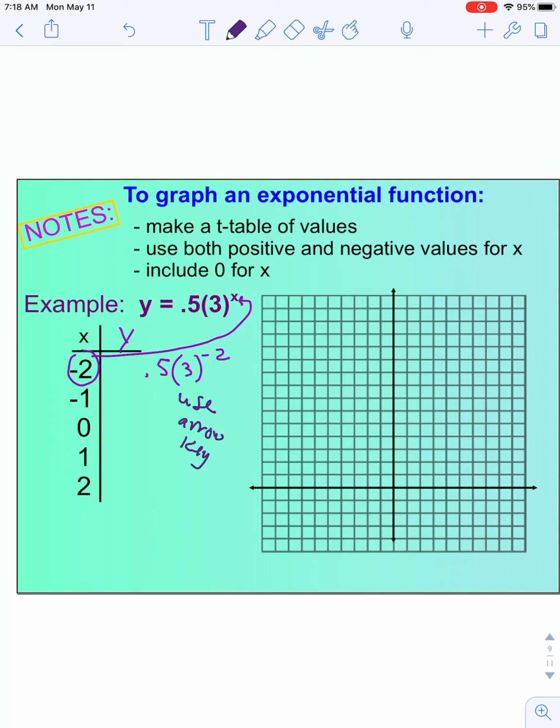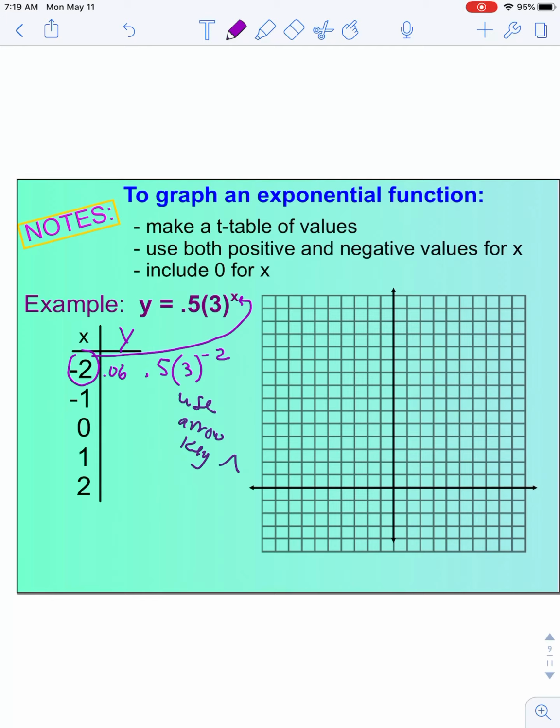And the arrow key is, I think sometimes they call it a caret key. So that's what you would type in there. And when you do that, for this first one, we're going to round these because they're going to be some nasty decimals, but we'll round to the nearest hundredth because it'll be too difficult to graph anything other than that.